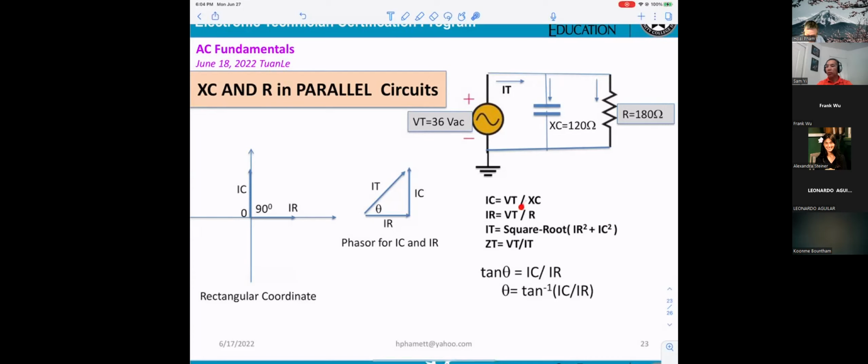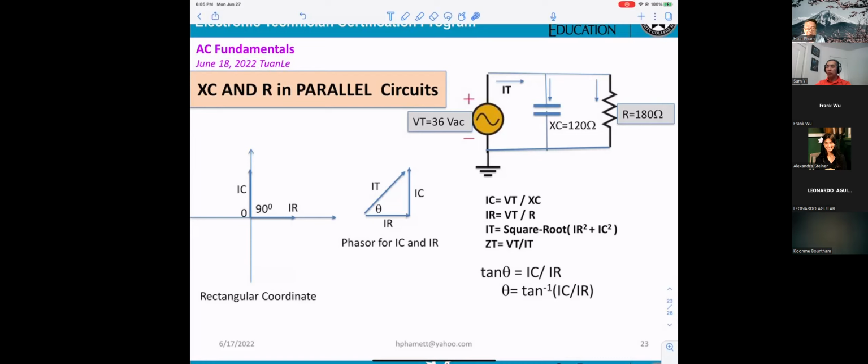IC equals VT divided by XC, and IR equals VT divided by R. However, you cannot simply add them up like in series circuitry, because IR and IC are not in phase.